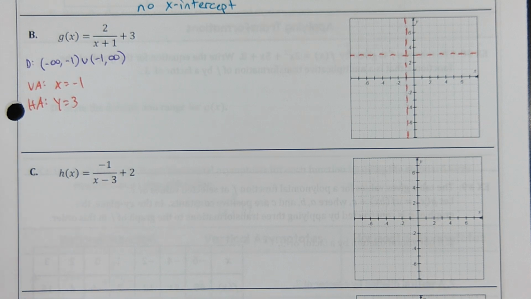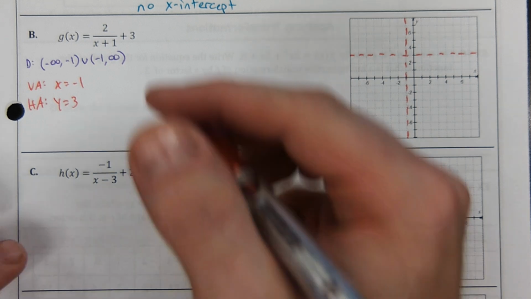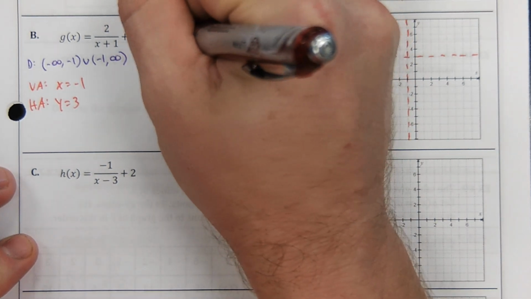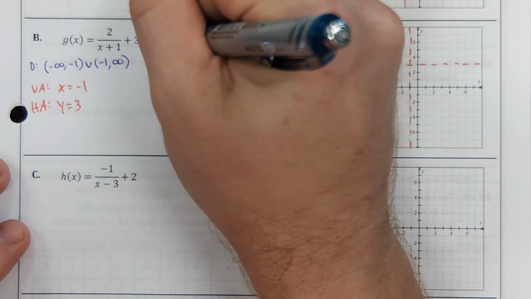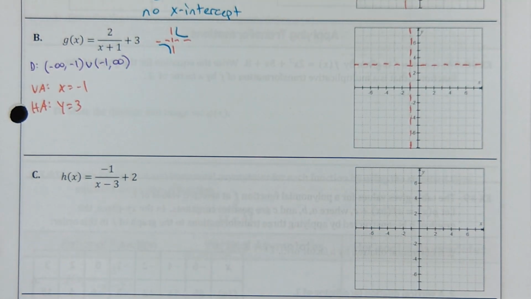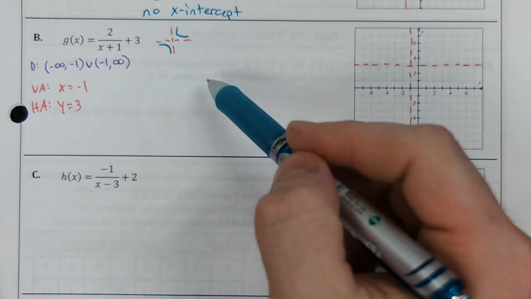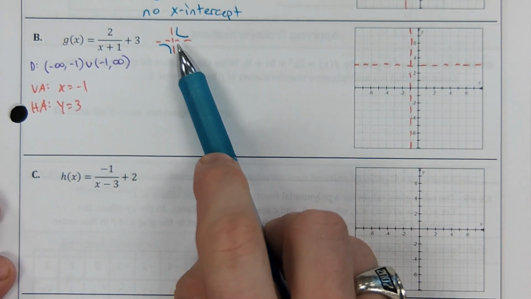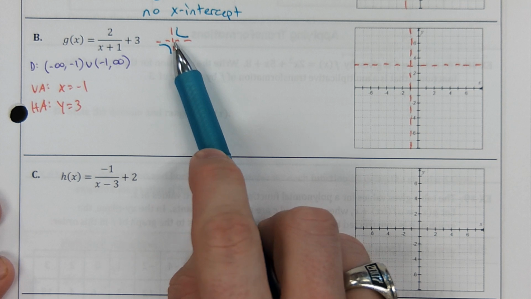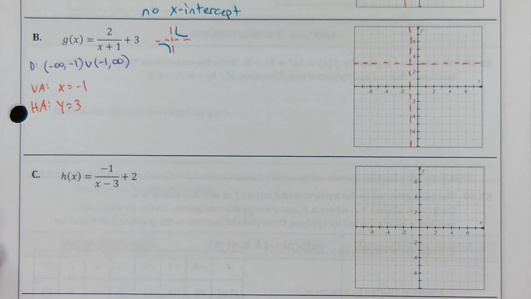Negatives are reflections. So there are no reflections here. What that tells me is this graph will still look like this around its asymptotes because there was no reflecting. See, I used red asymptotes instead of axes because it doesn't matter where the axes are. This will be the behavior around the asymptotes because it was not reflected.